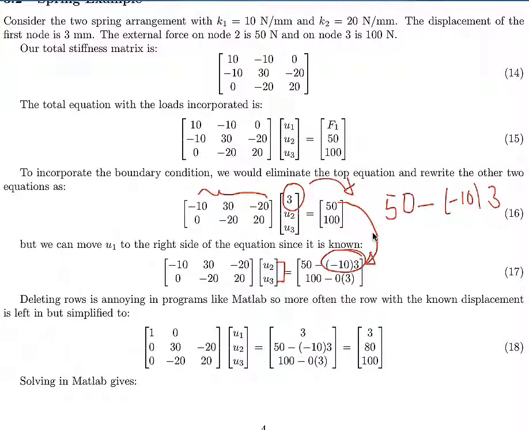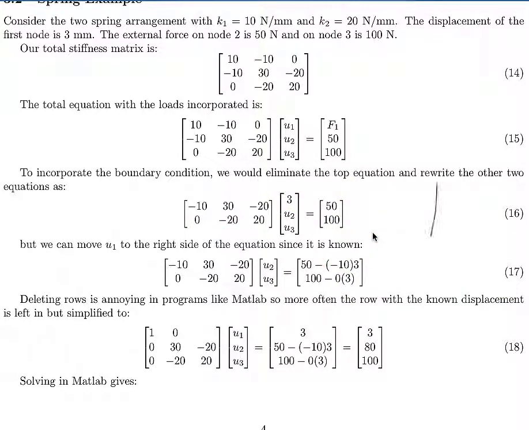And the same thing, the influence of the 3 on the force at 100 will be 100 minus this row times 3, the first element times 3, will be 0, and therefore you get now at the top here 80. This modifies the 50 to 80, and this keeps 100 as it is.